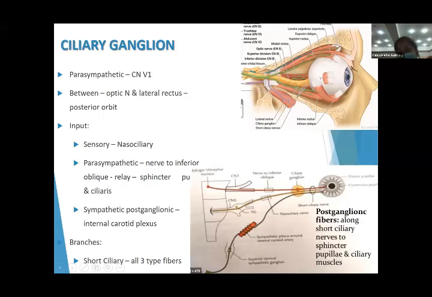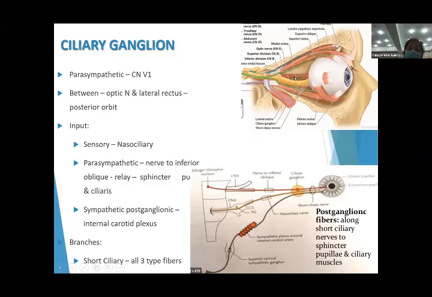Here it has been artificially separated out. So the lateral rectus is lying like this. So this ciliary ganglion is lying between the optic nerve and the lateral rectus muscle. It is present in the posterior part of the orbit.